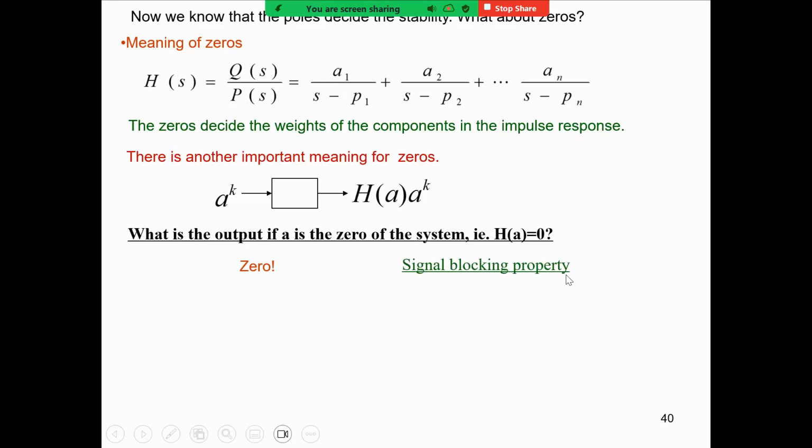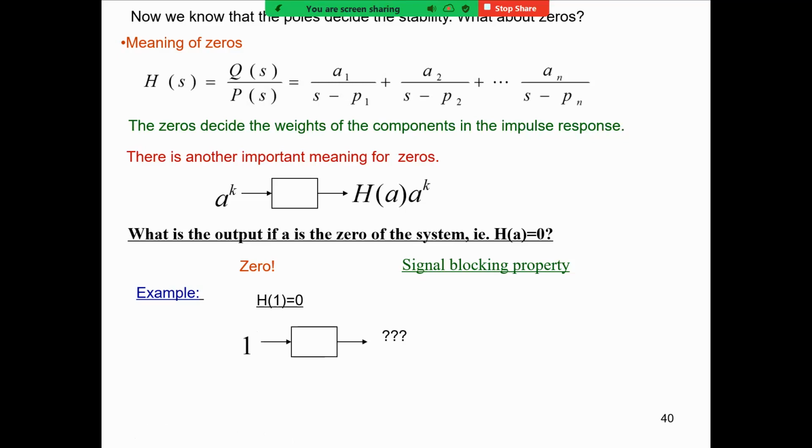Therefore, we can use it that way. That's what we call the signal blocking property. For example, h of 1 equals 0. It means you can apply a equals 1, a constant or a step. What will the output be? The output will be 0.